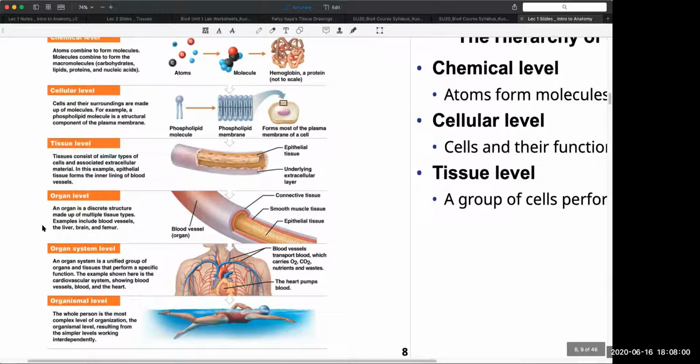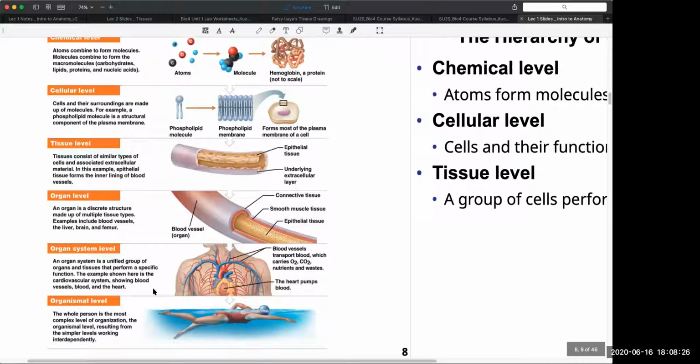Okay, so organs can come together and form organ systems. These organ systems are made up of organs that serve a specific function. An example of that is the cardiovascular system, which comprises the blood vessels, the blood that's contained within, as well as the heart. In this system, the heart generates pressure that pumps the blood and drives it through the blood vessels.